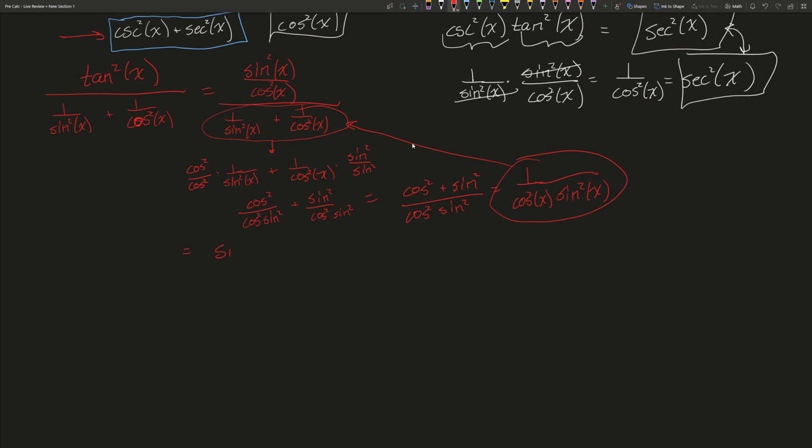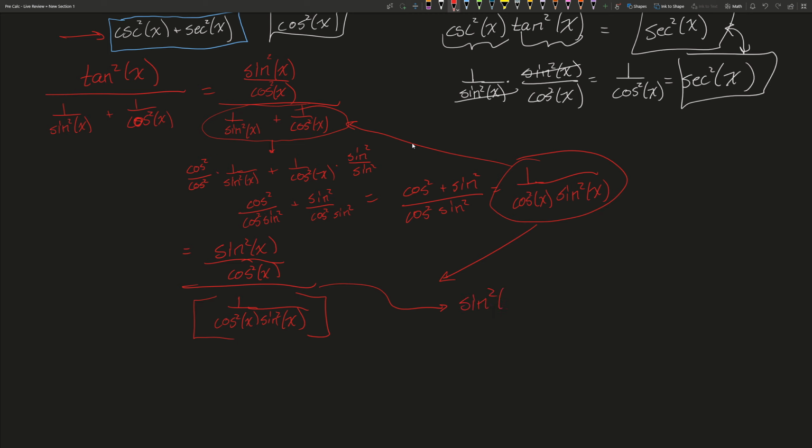So then we can rewrite sine squared over cosine squared divided by this. And if we do that, we're really multiplying by the reciprocal of this.